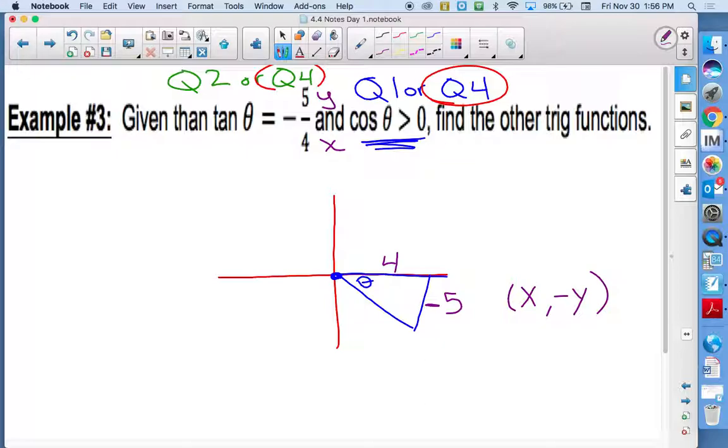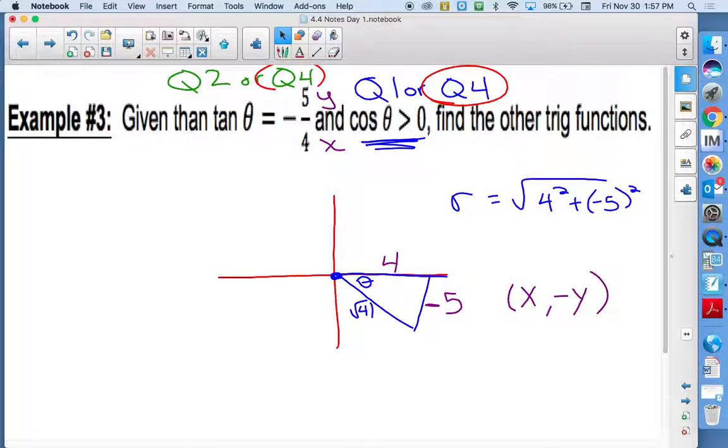Chelsea, question? Oh, okay, sorry. And then the last thing we have to do is get the hypotenuse, which is the square root of x squared plus y squared. Square root of 41.